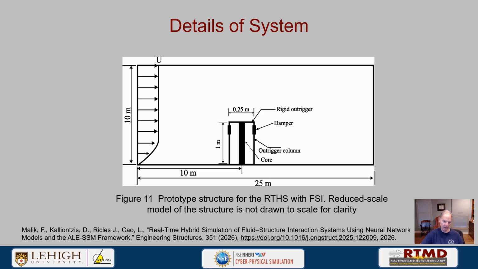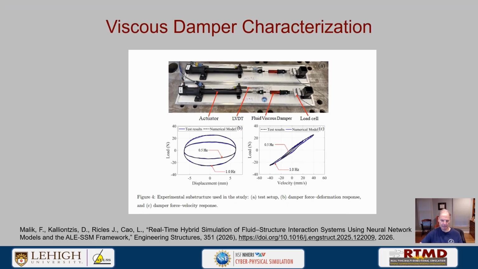So here's the details of the system. We actually used a reduced scale because this study was part of a pilot study, but don't be disturbed by that. It also works at large scale. But you see, here's a prototype structure. Here are the dampers. They're a little bit different than the dampers I showed in the low-rise building, but they are nonlinear viscous dampers.